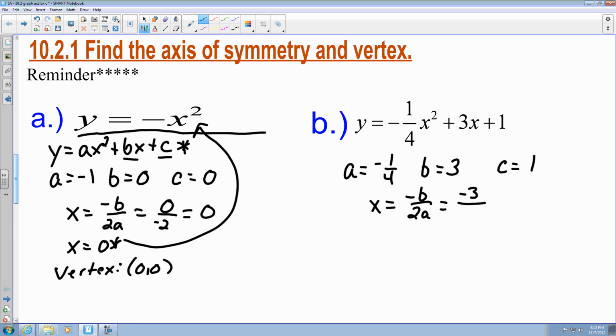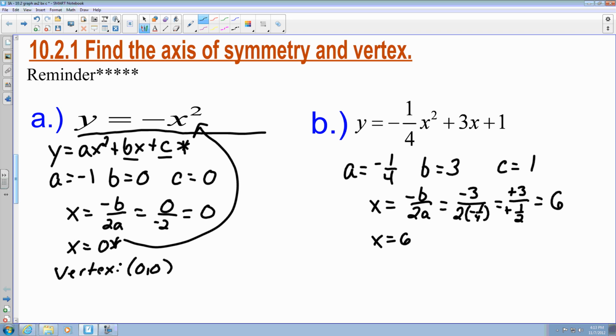So that's a negative 3 over 2 times a negative 1/4. 2 times a negative 1/4 gives me a negative 1/2. I have a negative divided by a negative, I can make those positive. And 3 divided by 1/2 is 6. So my axis of symmetry is x equals 6.